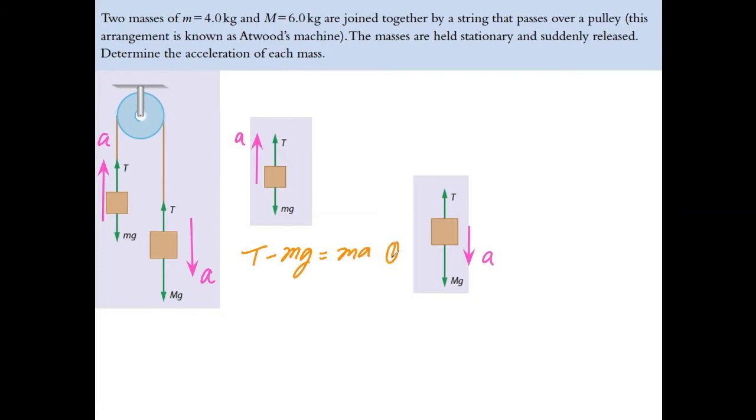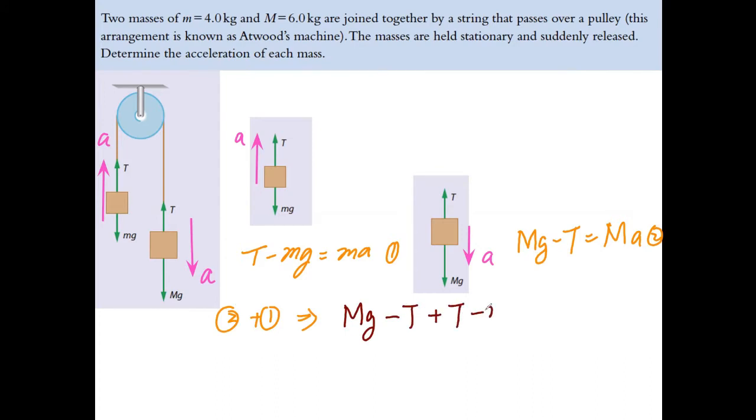Since the larger mass is accelerating downwards, the net force is m2g minus T equals m2a. Adding equation 2 and equation 1, we get m2g minus T plus T minus m1g equals m2a plus m1a.